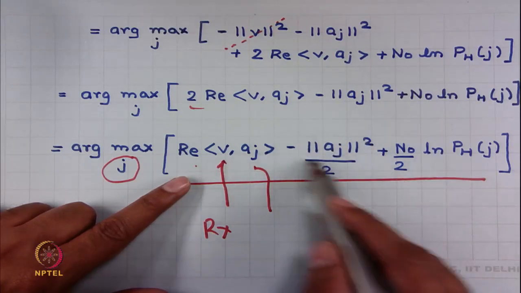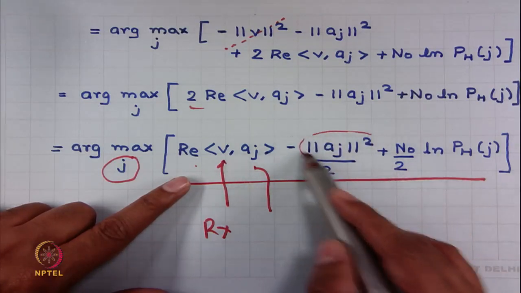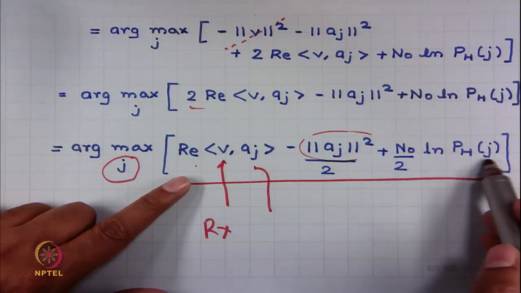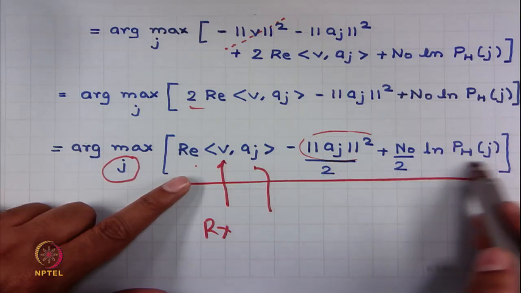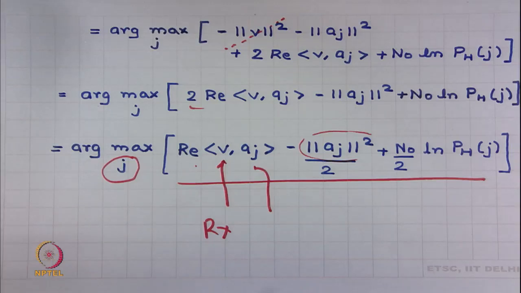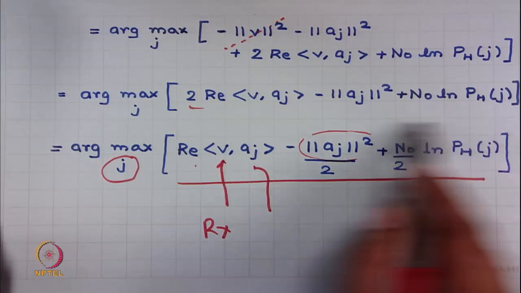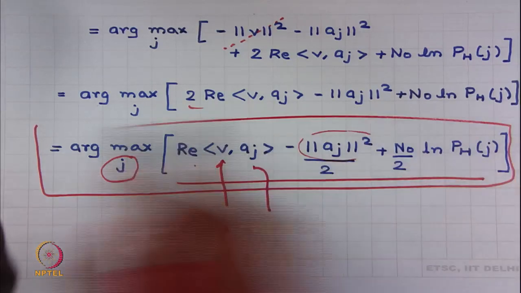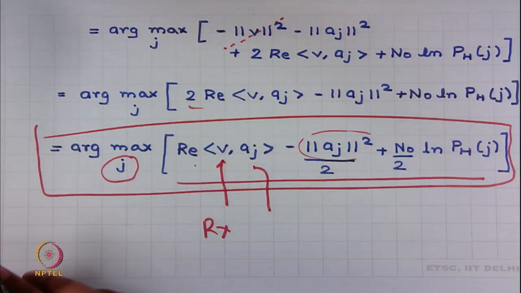This corresponds to the energy of Aj by 2, and this term deals with the probabilities of the hypotheses, namely the a priori probabilities of the hypotheses. So, if you have to design an M-ary detector, you have to look at this equation, and based on this equation you can design an M-ary detector.